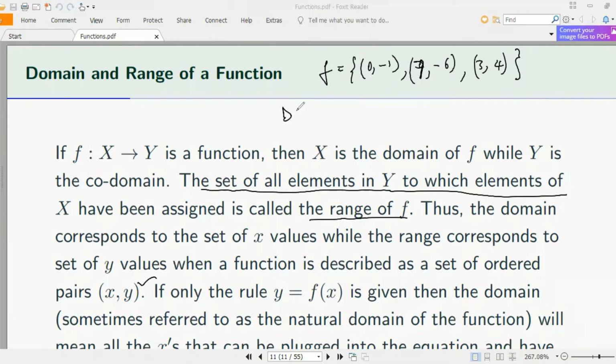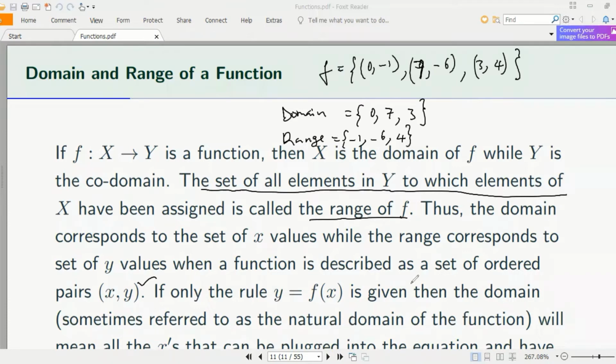The domain is the set comprising of 0, 7 and 3. This is the domain. What about the range? The range are the images. The first image here is -1. You have this other image which is -6. You have this other image which is 4. So this is the range.